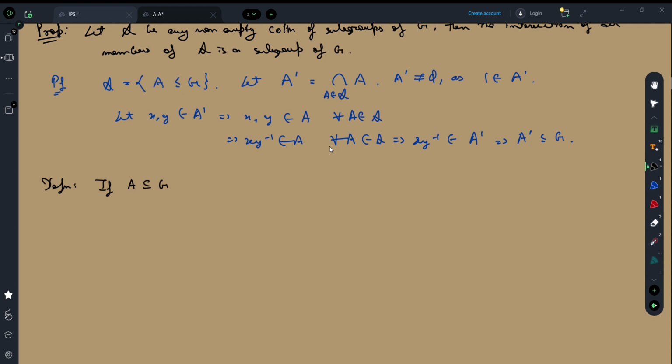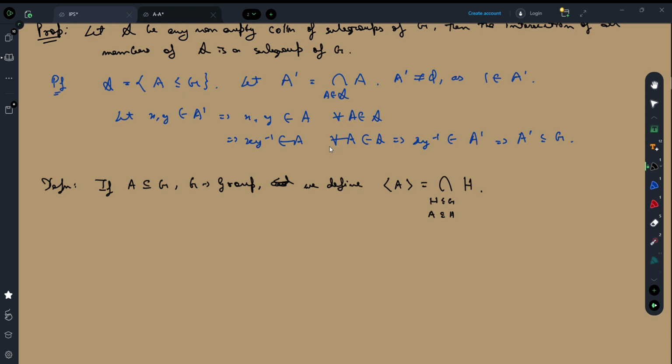So if A is a subset of a group G, we define, and this is quite intuitive, right? This to be the intersection of all the subgroups H such that A is contained in H. Okay, clear.